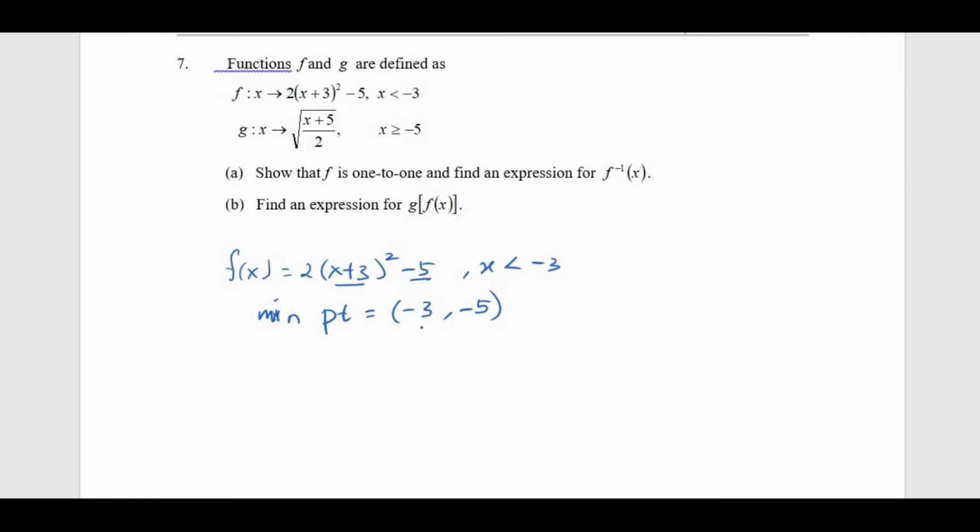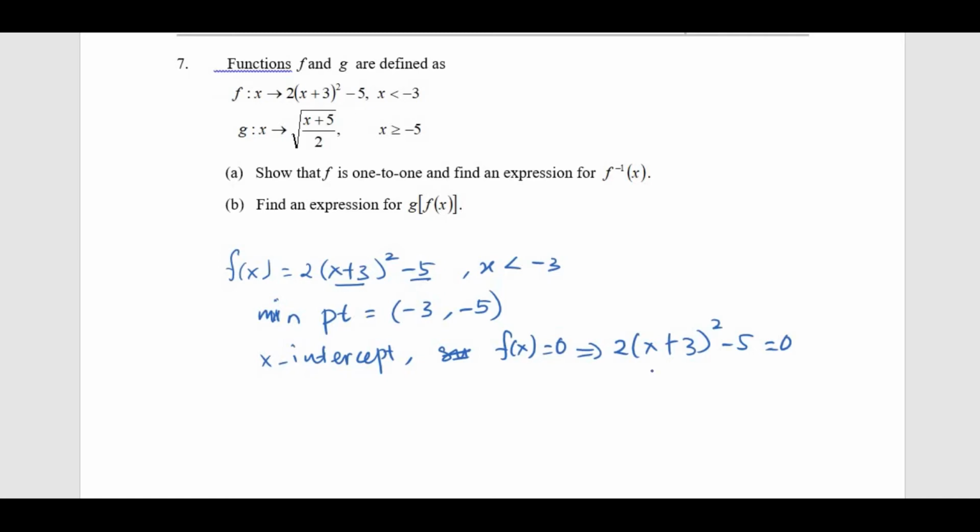And then what else to look at? Okay, so you find the x-intercept. The x-intercept can be found by substituting f(x) equal to 0. So from here, you get 2(x plus 3) squared minus 5 is equal to 0.